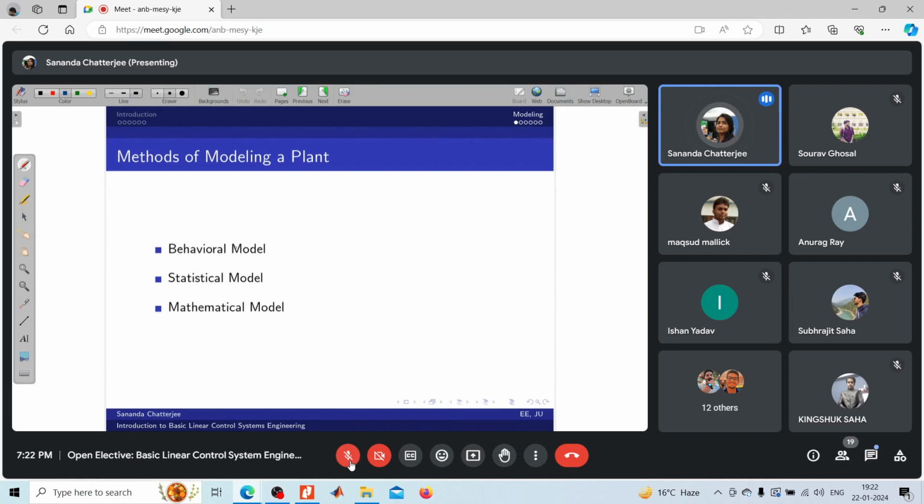Okay, so for the mathematical model, what is the difference between the statistical model and the mathematical model? For the mathematical model, the first assumption we are taking is that the signals involved in the system are deterministic in nature.